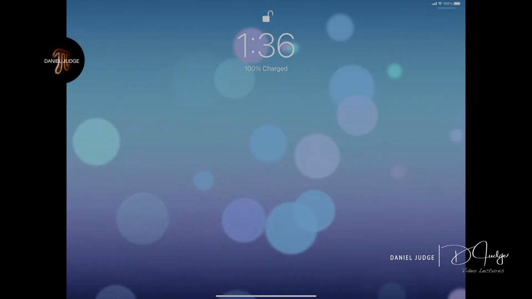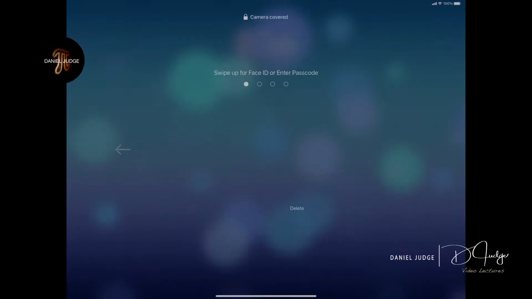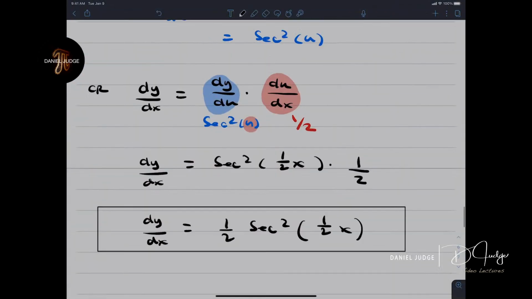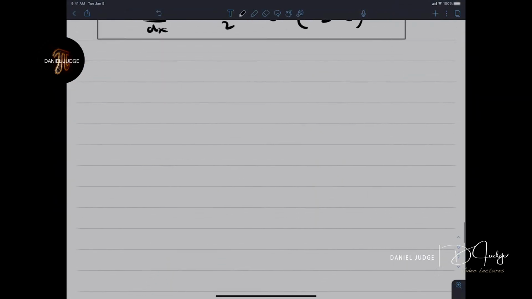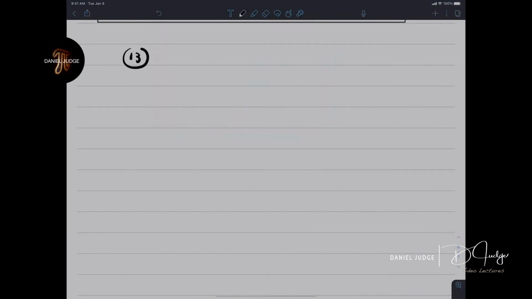We're going to go to the next one on this list here. That's 11. We'll go to 13. Y equals sine of cosine of x.